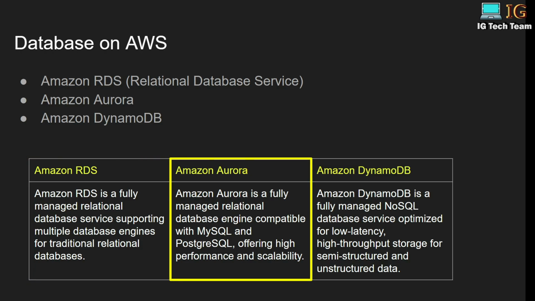Amazon Aurora is also a fully managed relational database engine compatible with MySQL and PostgreSQL, offering high performance and scalability. So it is also another database service.